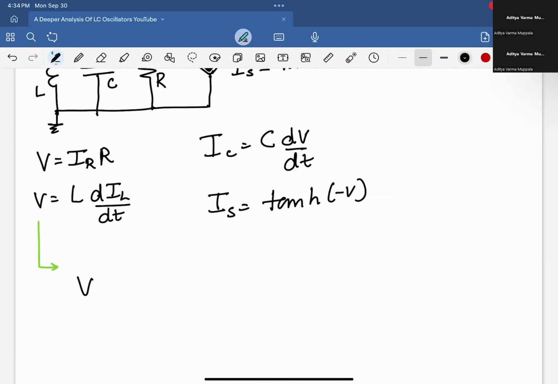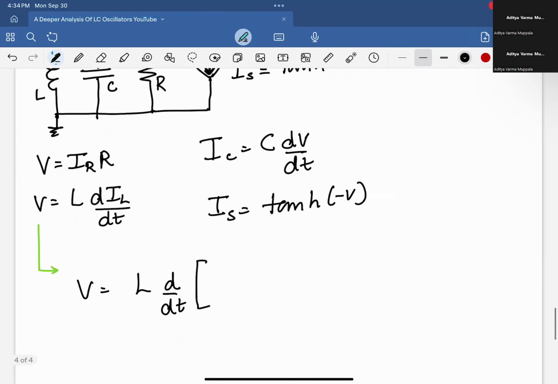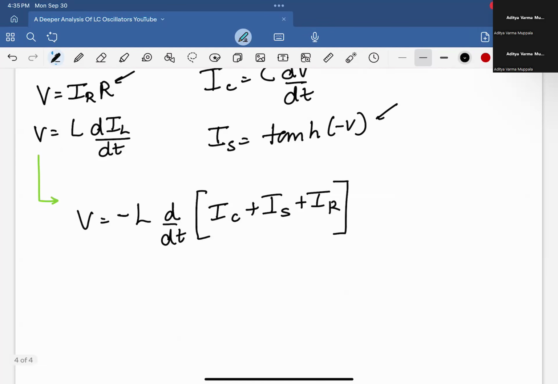So I'll say V equal to L d over dt of I_L, and I_L is nothing but minus I_S, minus I_C, minus I_R, right? So I can put the minus out and write this as I_C plus I_S plus I_R. And I have an expression for all three, right? From this, and this. So I substitute those things in, and then let me actually do it.